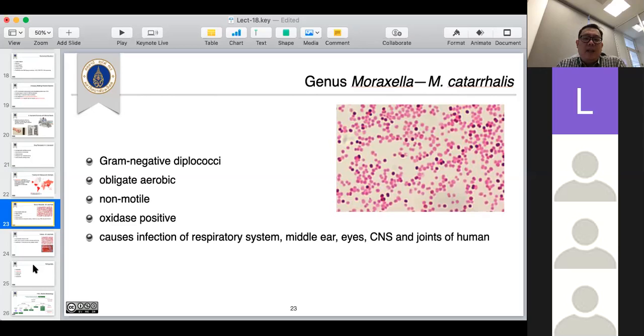It is obligate aerobic, non-motile, oxidase positive, and causes disease in many places: the respiratory system, middle ear, eyes, central nervous system, and joints. Okay.